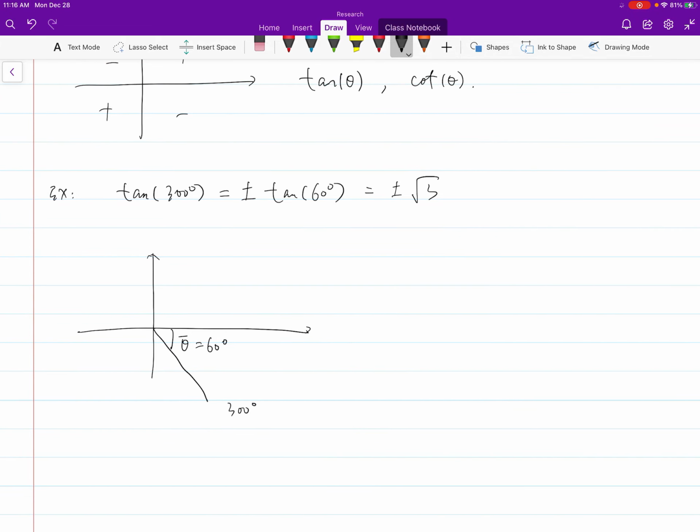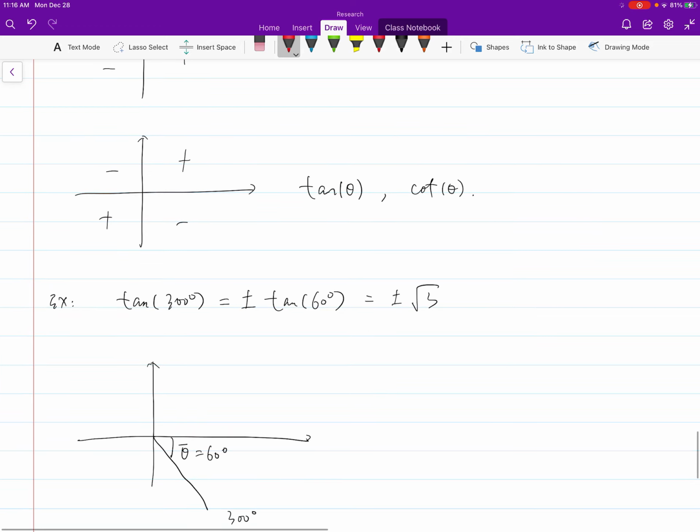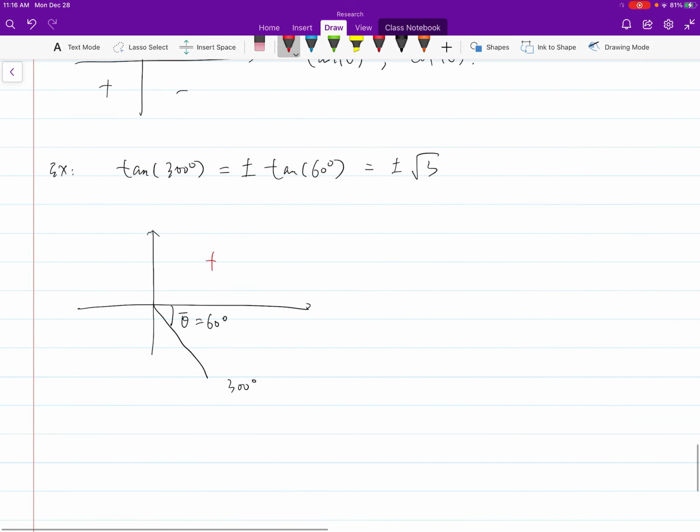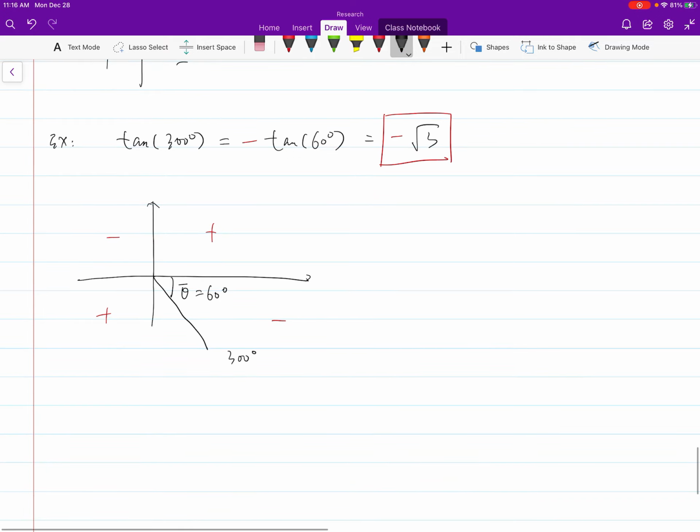The last step, try to determine positive or negative. Now for tangent, we have the 3 graphs. Draw this. Quadrant 4 for tangent, it's going to be negative. So tangent 300 degrees equals this, which is a combination of the right triangle before, plus how we figured out the sign.